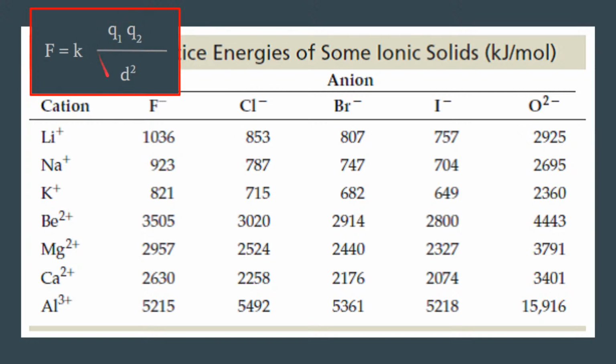On the other hand, talking about size, bigger ions just can't be as close together. Smaller ions can be packed close together. So smaller ions mean you're dividing by a smaller number, so the force will be bigger. Bigger ions, you're dividing by a bigger number, so the force gets smaller. So in terms of charge, bigger charge means bigger force. In terms of size, bigger ion means smaller force.